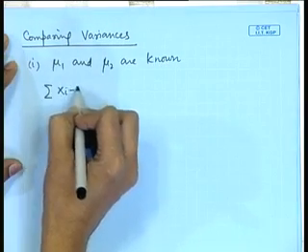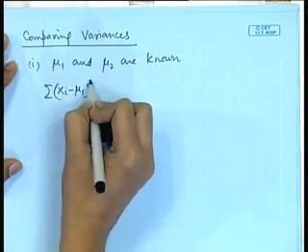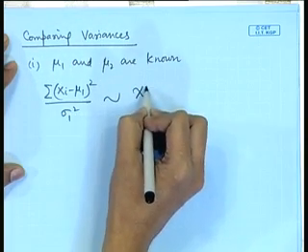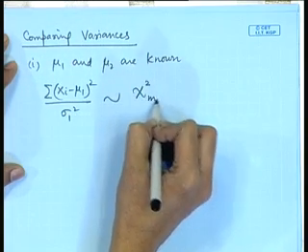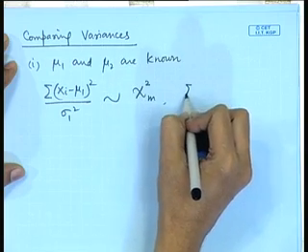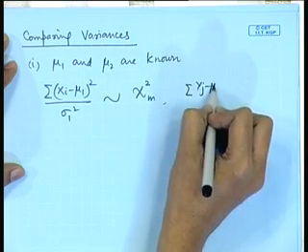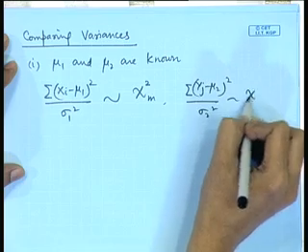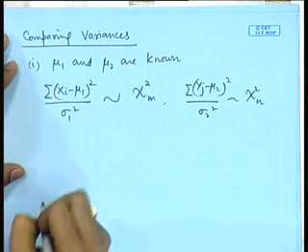sigma (xi minus mu 1) square by sigma 1 square following chi-square distribution on m degrees of freedom, and sigma (yj minus mu 2) square by sigma 2 square follows chi-square distribution on n degrees of freedom.